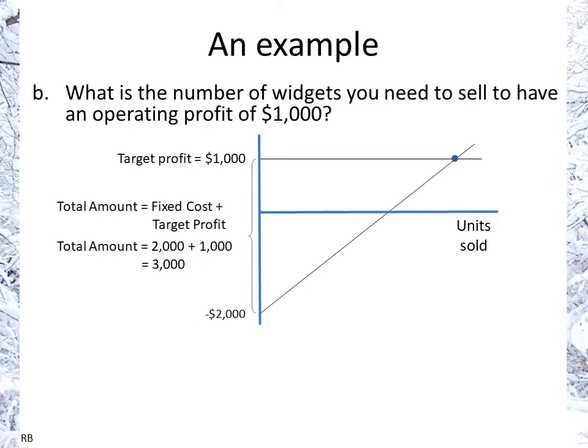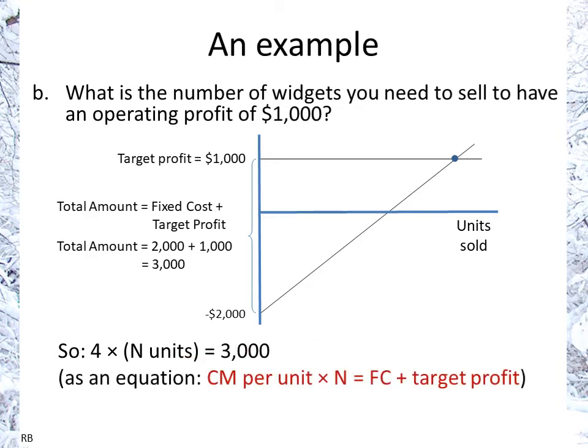So the total amount we would have to earn with contribution margin is $3,000. So now we have 4 times n units is $3,000. As an equation, the contribution margin per unit times n equals the fixed cost plus target profit, because the fixed cost brings us to 0 and the target profit gets us up to our target.